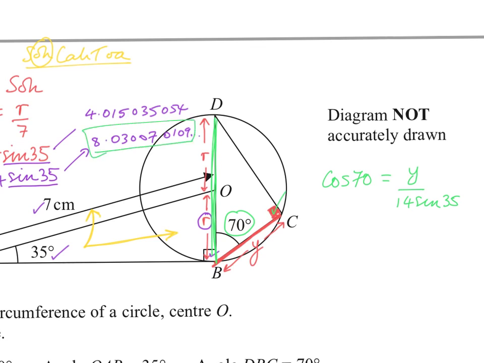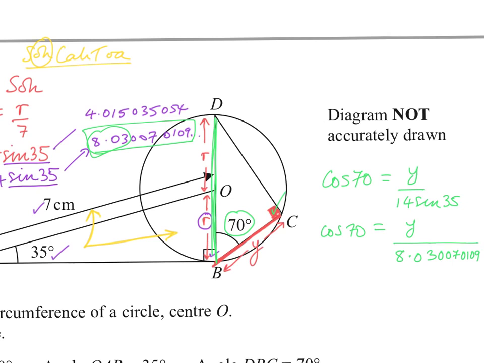But what you don't do is call this 8.03, i.e. round it, and then use it again. You must write down and put into the calculator the whole number as shown.